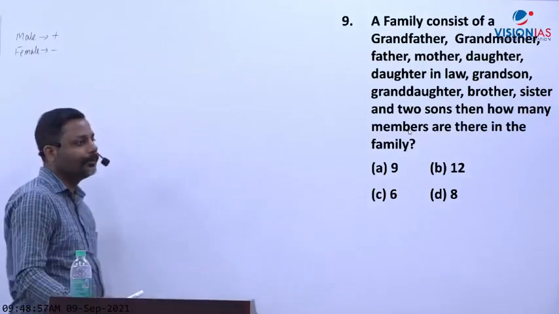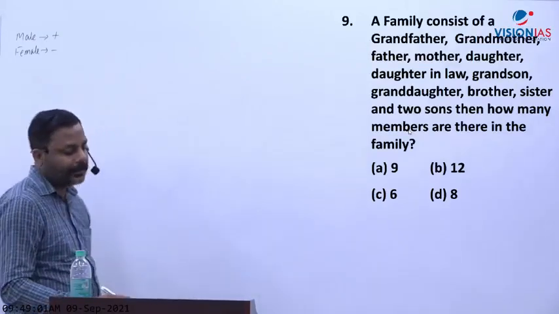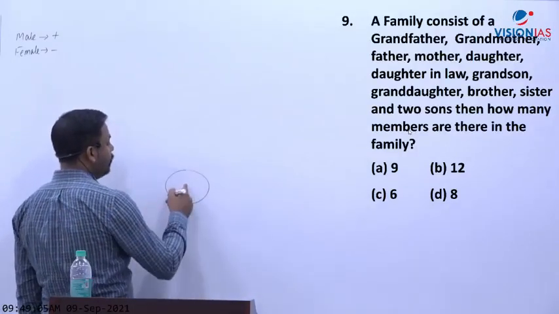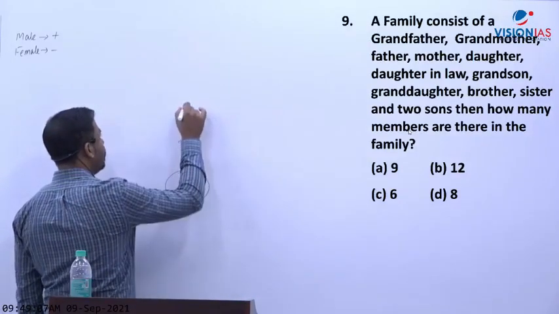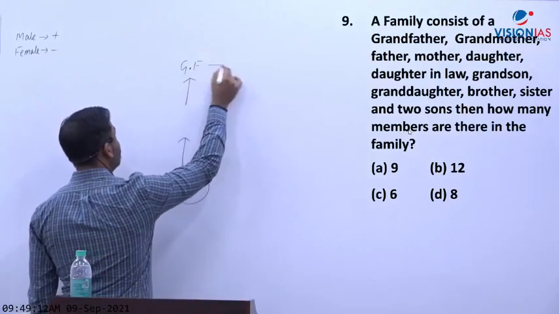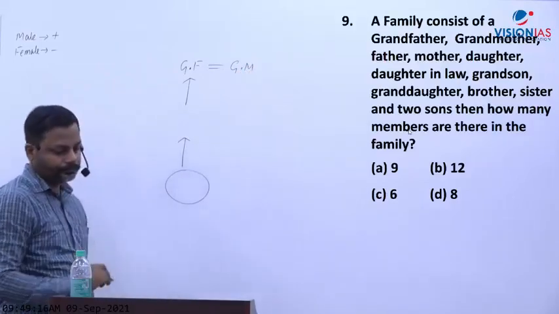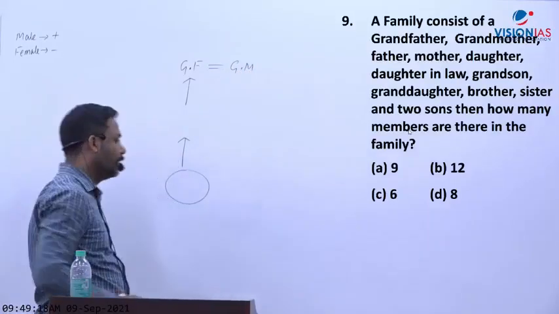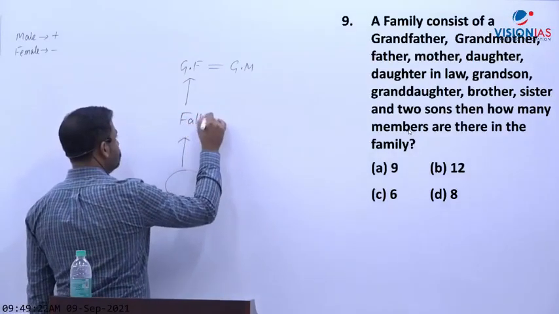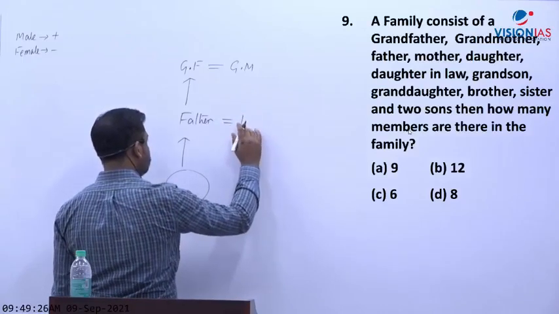So now come to this question and let's solve it. A family consists of a grandfather and grandmother. Let's say this is a child and his grandfather and grandmother. Father, mother: for this child, this person will be the father and his wife will be the mother.